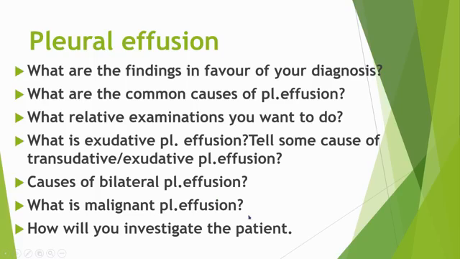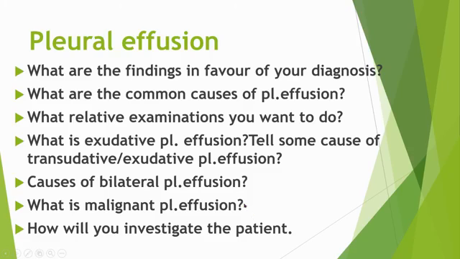Then cytology, to see any malignant cell. Then we can do AFB, gram stain, culture and sensitivity of the pleural fluid, PCR or GeneXpert of the pleural fluid, এগুলো আমরা করতে পারি. Then biopsy may show whether it is malignant or tubercular.